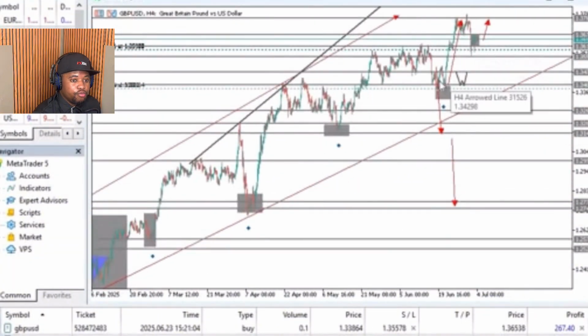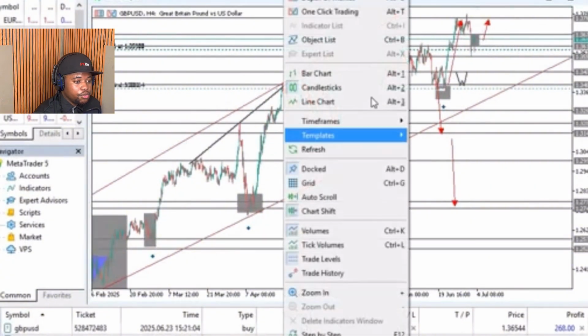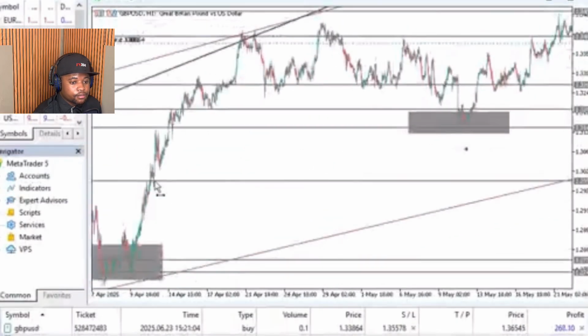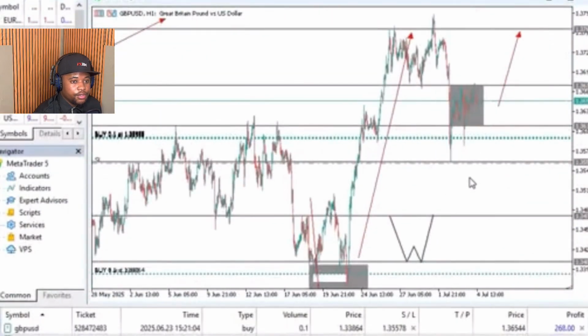So this whole move here should be our change of market structure, and therefore it should shoot to the upside and continue shooting to the upside. So going to the 1 hour time frame, yes, we can still see that as a possibility and high confirmation, right? So this is what we are actually looking at, and this is what we are actually looking for, right?